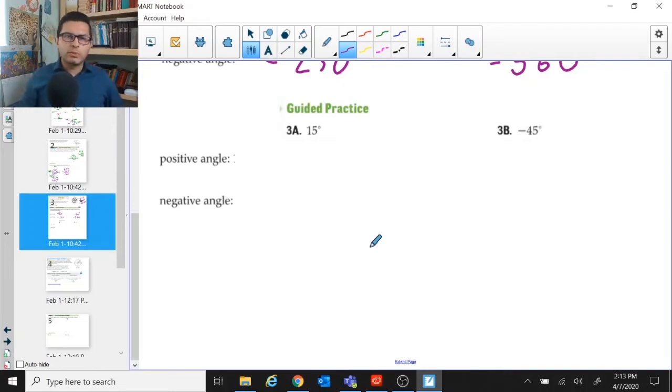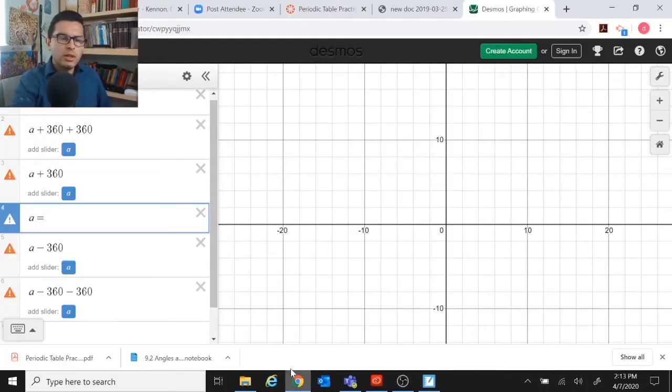But here's what I promised you. If you see here, I have set a equal to something, and this is something that we're going to fill in. Above, I say a plus 360, and then I say a plus 360 twice. So that means that we're going to get two coterminal angles here, and then the same thing down here, but subtracting 360 degrees.